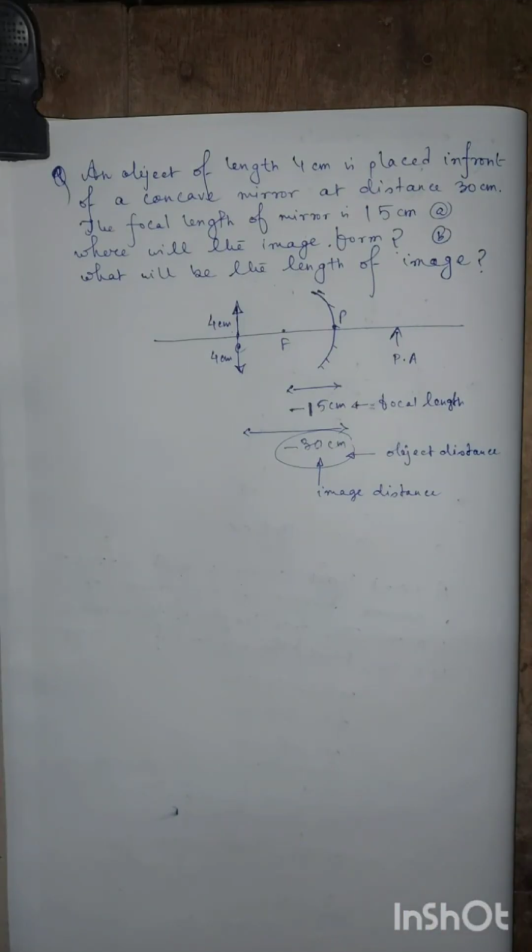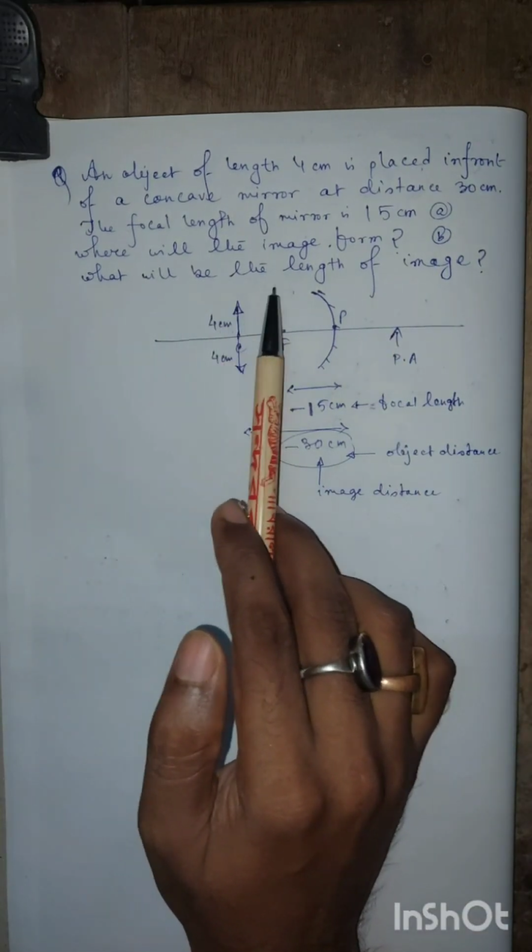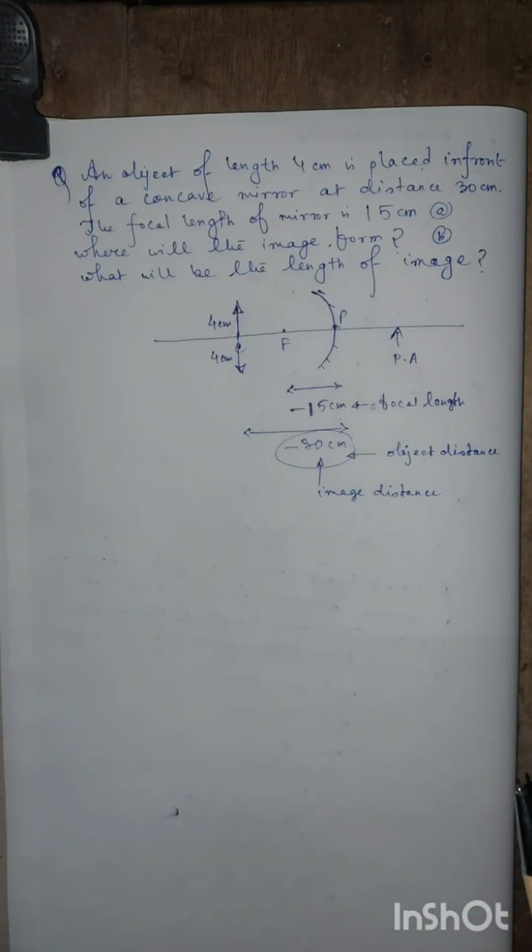And the question in part B says, what will be the length of the image? So the length of the image will be exactly equal to the length of the object.